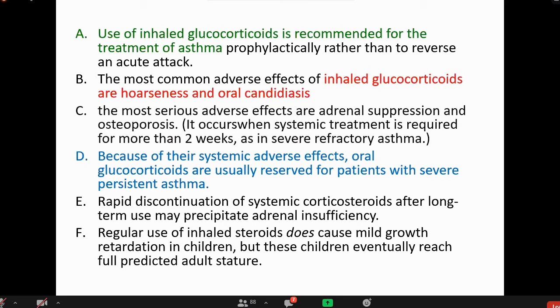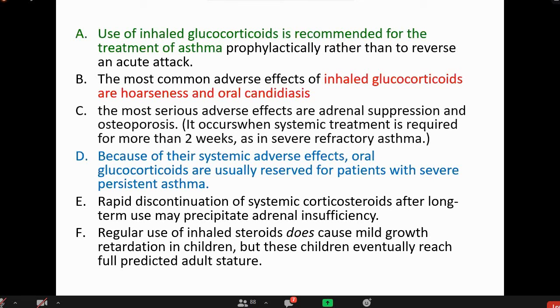So these are the common side effects, but they can be avoided. How can these side effects be avoided? If we advise our patient to wash their mouth properly after using inhaled glucocorticoids, we can avoid these problems.